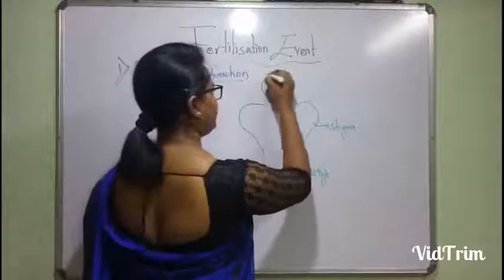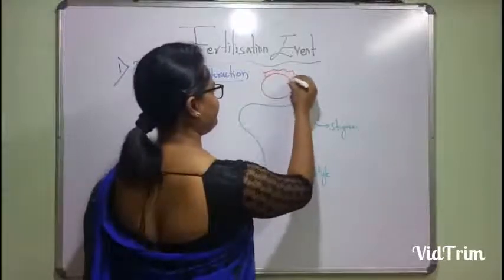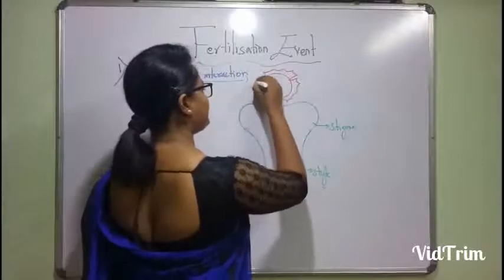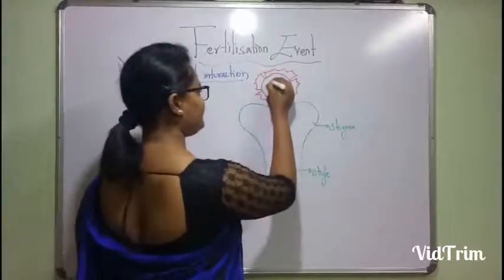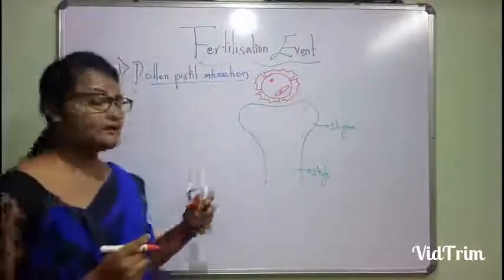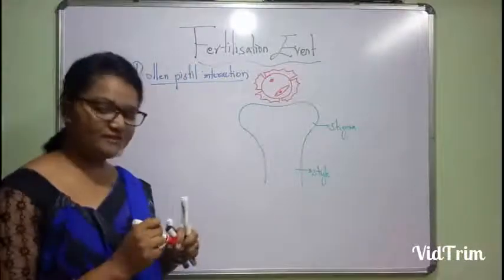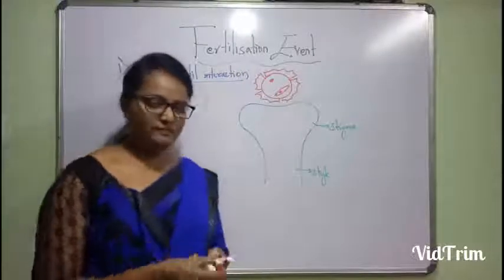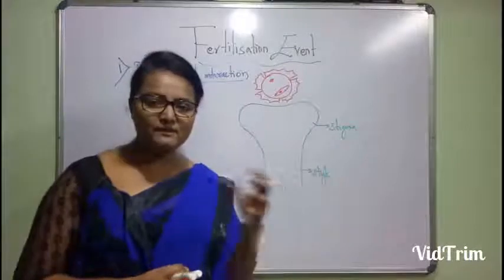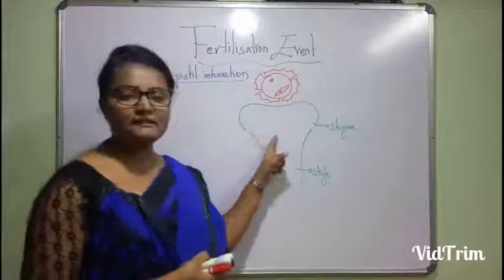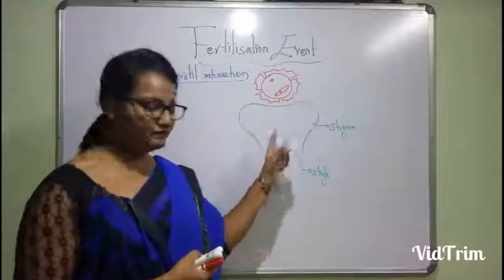The pollen grains which are dusted on the surface of the stigma should be recognized by the help of what? By the help of the surface of the stigma. Because we have already studied that there is some compatible, incompatible interaction between the pollen grain and the pistil, that is, the stigma part of the pistil.